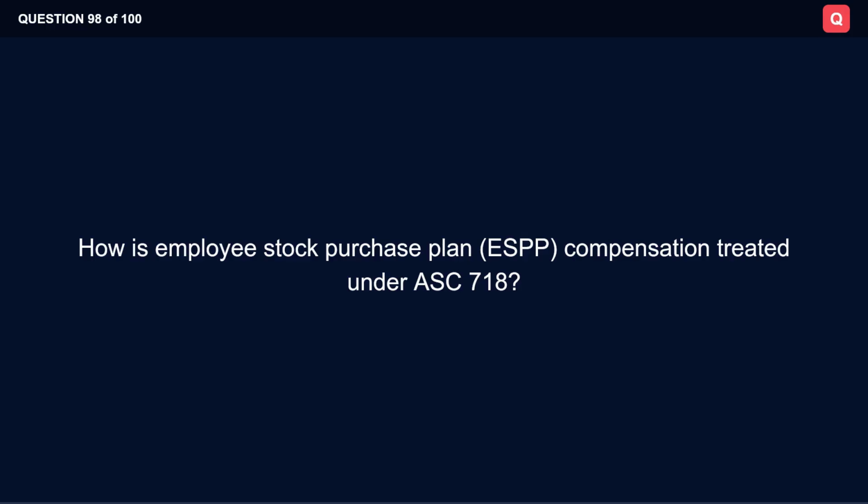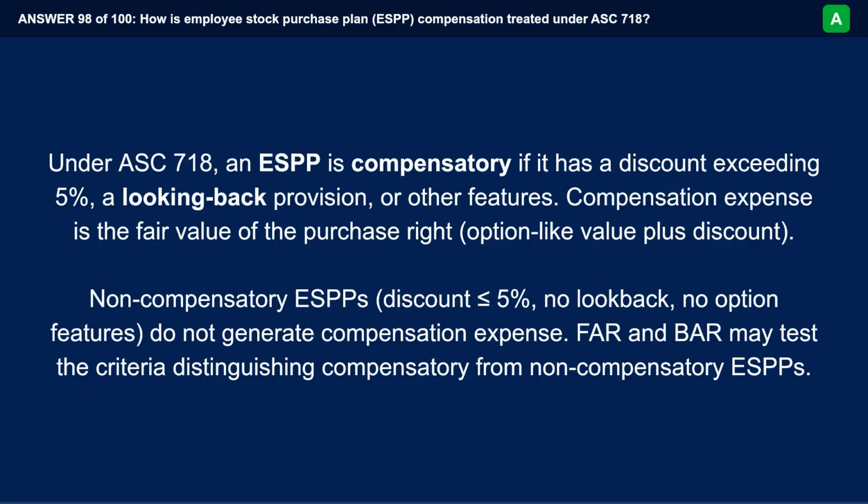How is Employee Stock Purchase Plan, ESPP, compensation treated under ASC 718? Under ASC 718, an ESPP is compensatory if it has a discount exceeding 5%, a look-back provision, or other option features.